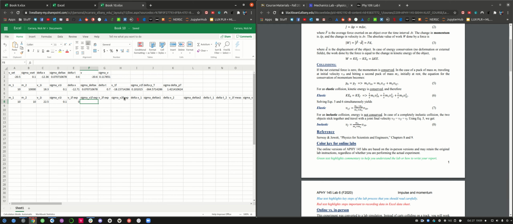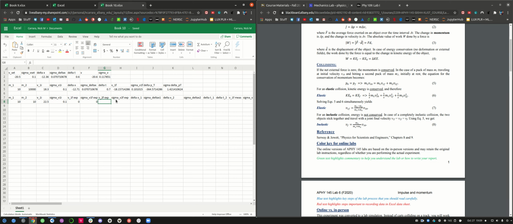And the uncertainty, well, that depends on the uncertainty and the velocity. So this is just going to be that times sigma divided by that. And of course we get 0 because this is 0.